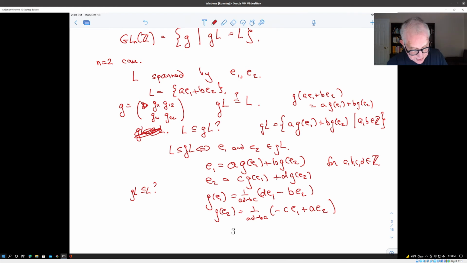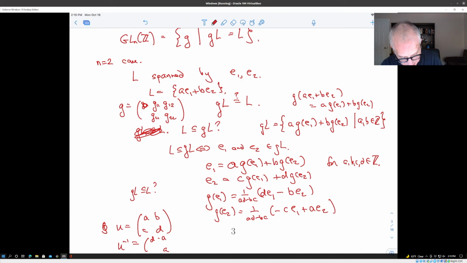In other words, let's look at the matrix U, which is A, B, C, D, then its inverse is U inverse, D, minus B, minus C, A, times 1 over delta, where delta is AD minus BC.